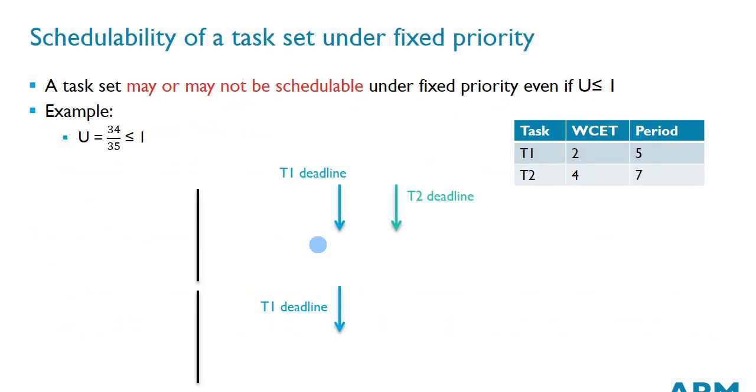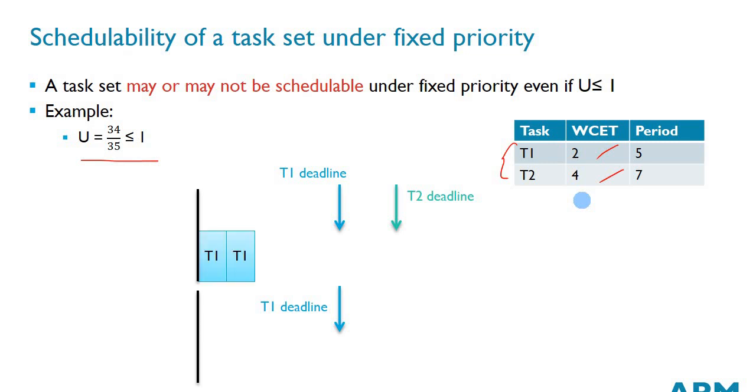Let's look at this scenario here, with these two tasks, T1 and T2, given this execution time and this period. If I calculate the utilization based on the formula, 2 by 5 plus 4 by 7, I will get 34 over 35, which is less than or equal to 1. So the utilization criterion is satisfied.